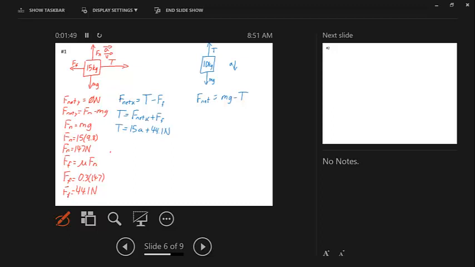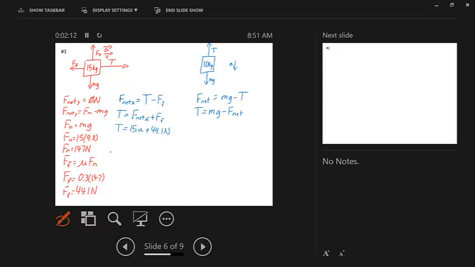Now over here, we have to do the same thing. So we know mass and gravity, and so tension. I'm going to add tension, subtract F net. So tension will be equal to mg minus F net.